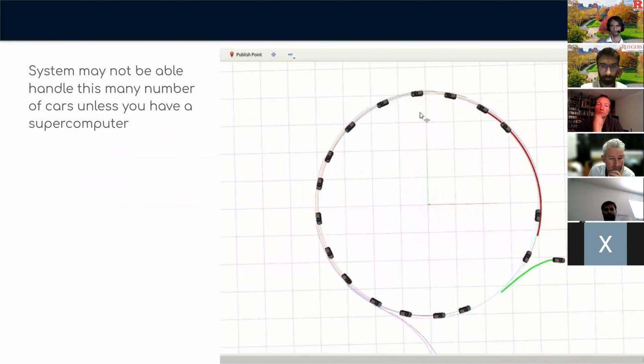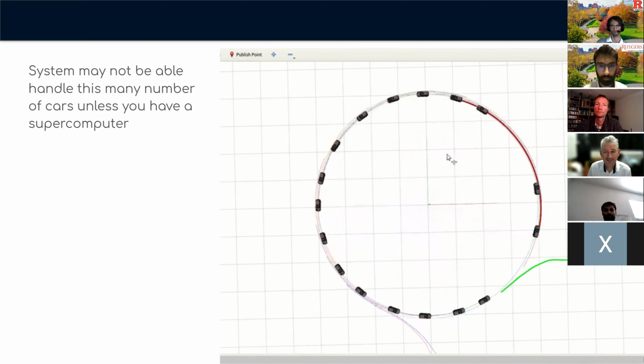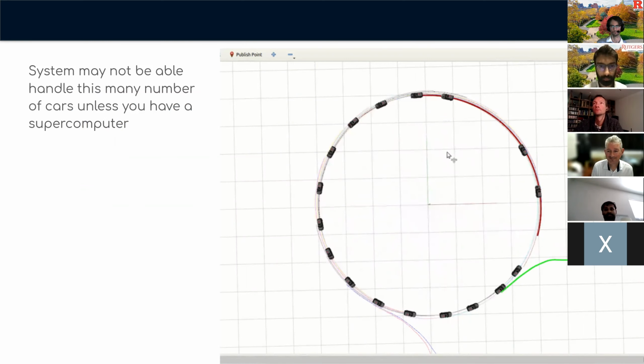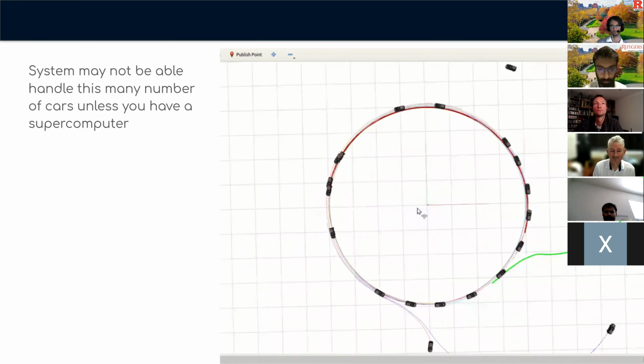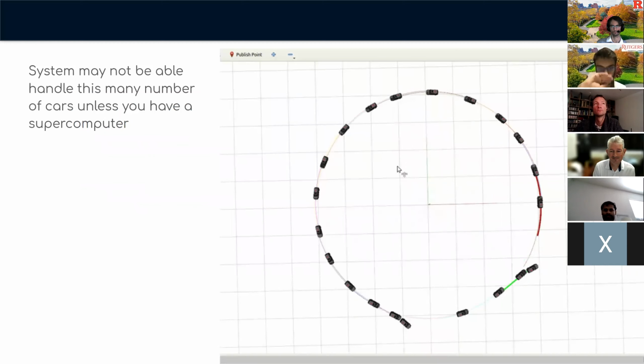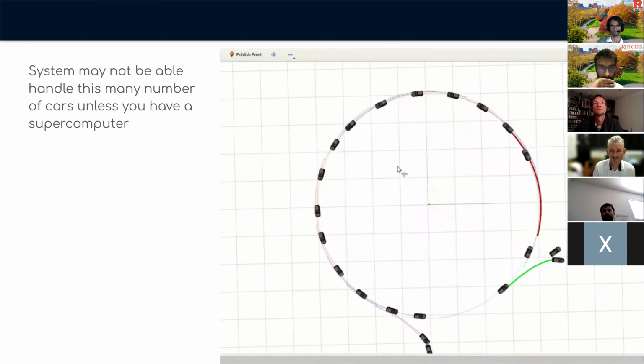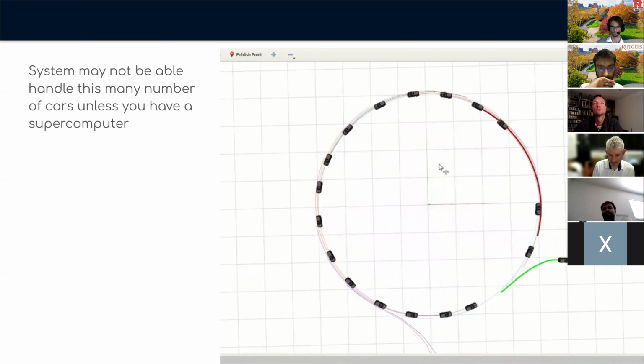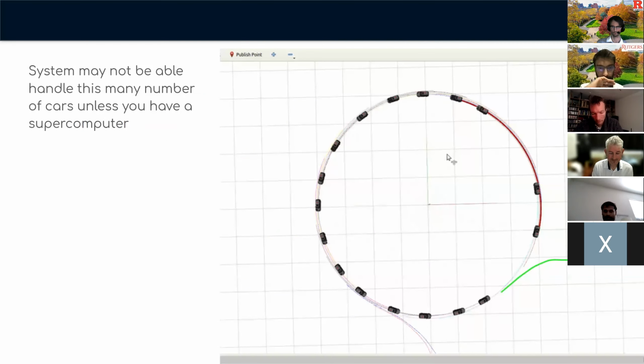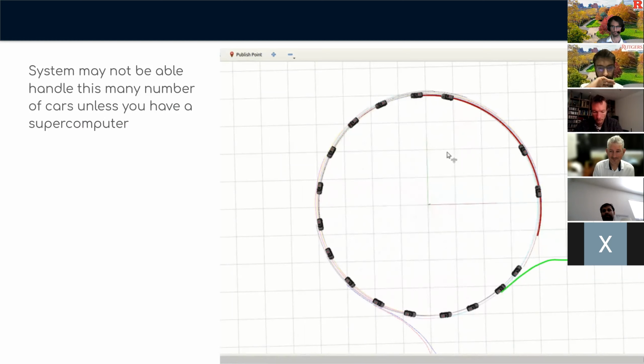So we also tried to simulate 22 cars in ROS and Gazebo. Gazebo is a 3D simulation framework powered by ROS. And here the rules of physics were not obeyed, because the system load is so much in that case that it cannot take that many messages coming from each car.